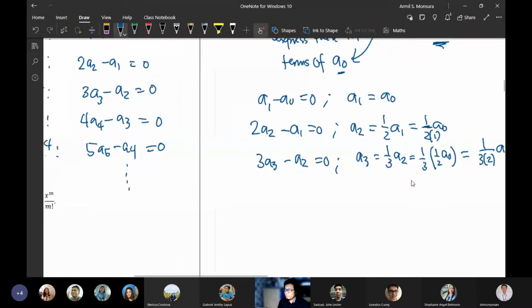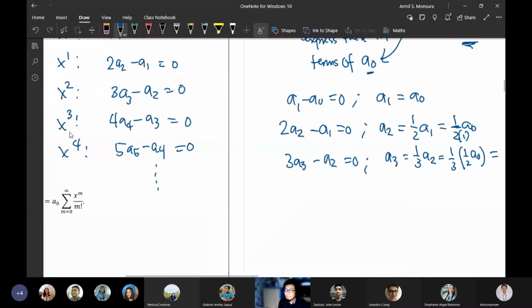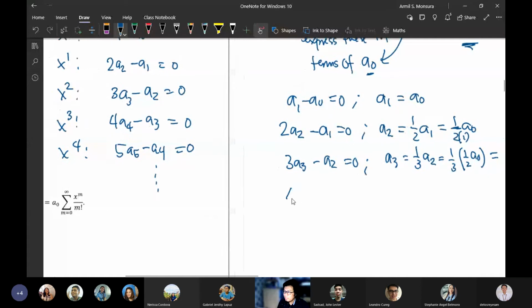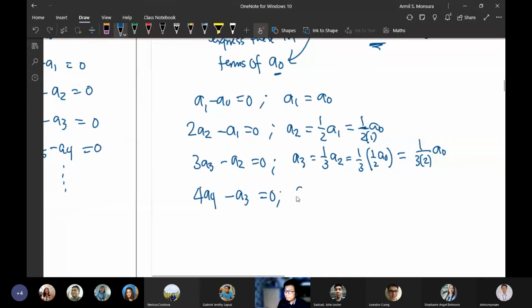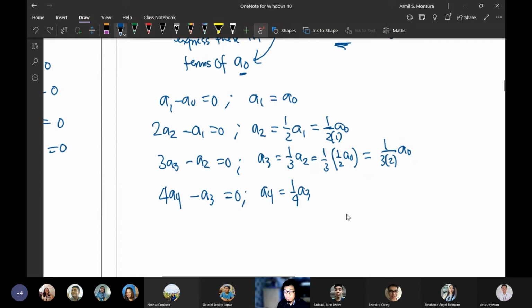Okay. Let's proceed to x cube. So this is 4 a4 minus a3 equals 0. Okay? Which implies that a4 is 1/4 of a3. Correct? Okay?